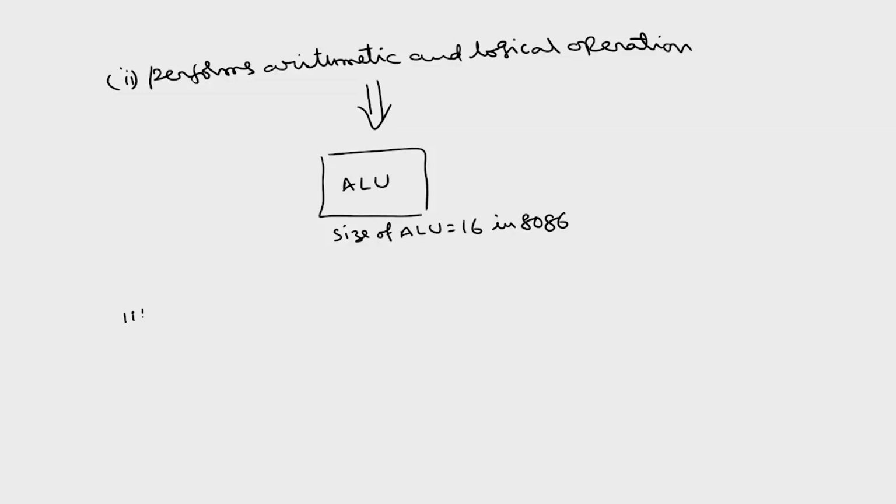The third one is testing for conditions. If you want to check which of two numbers is larger, in such applications we have to test some conditions. To test conditions, the microprocessor requires a register, which is the flag register.